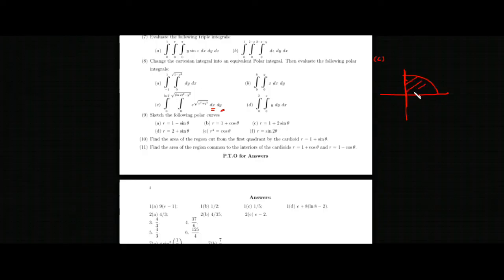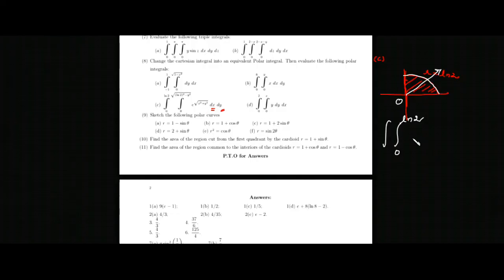So this is the region. Both are varying from 0 to ln 2. So here r is ln 2. Now you consider this as the pole and take the initial ray. It passes through the pole. Now look at this region. It is varying from 0 to this. Here the value of r is ln 2. So the limits for r will be 0 to ln 2.